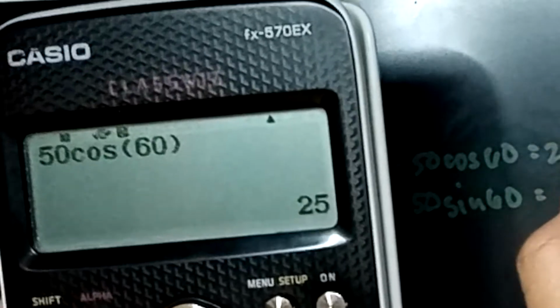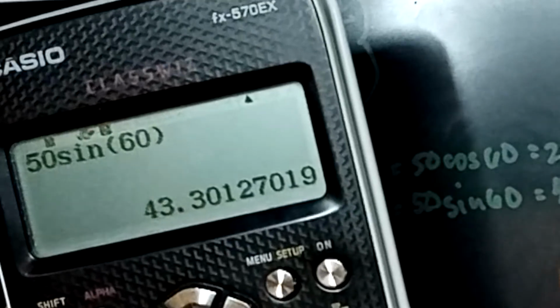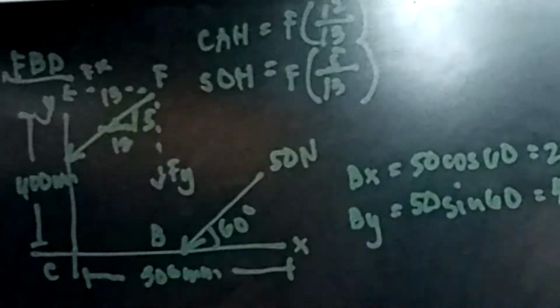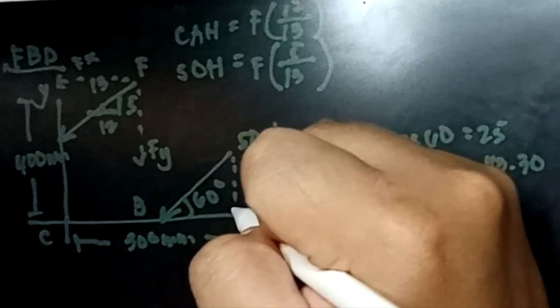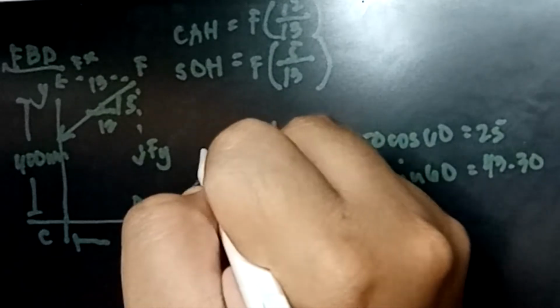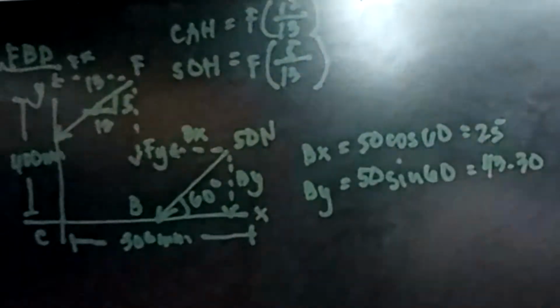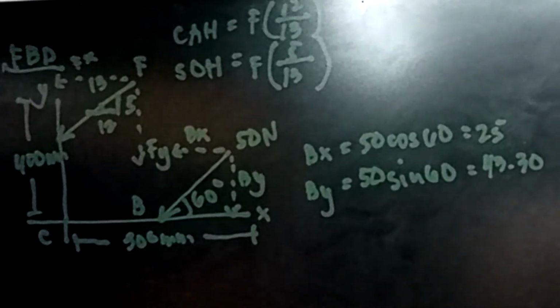So, 50 cos 60, 25. 50 sine 60 is 43.30. So, ito yung ating By. And ito yung ating Bx. Ngayon, nakuha na natin yung mga components.